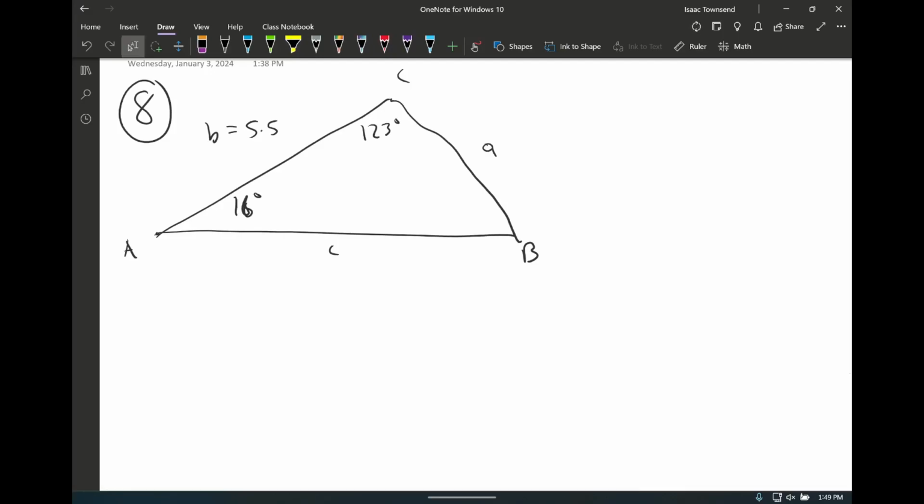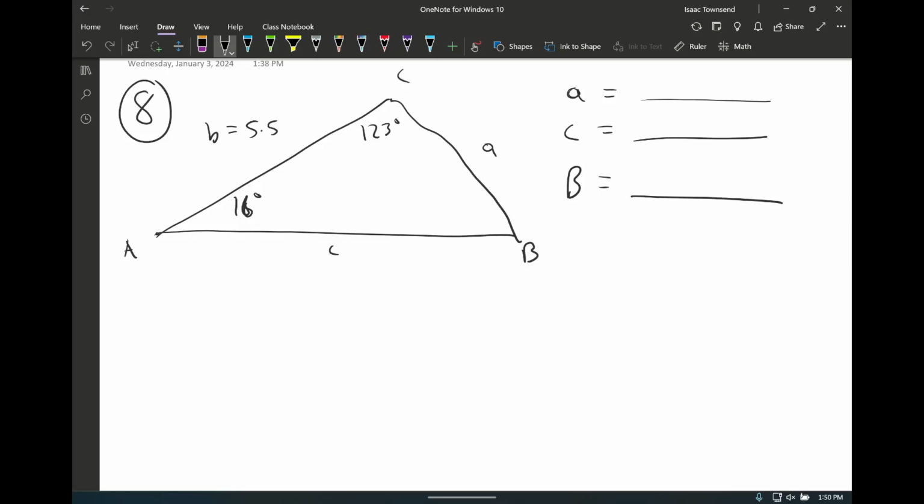All right, so for 8, the directions ask us to solve this triangle, and solve means find all the missing stuff. So we're going to need to find side A, side C, and angle B. And of course you have the hint that this section's about law of sines, so you know law of sines is going to work somewhere.